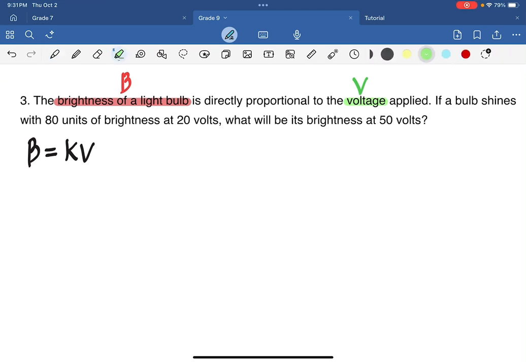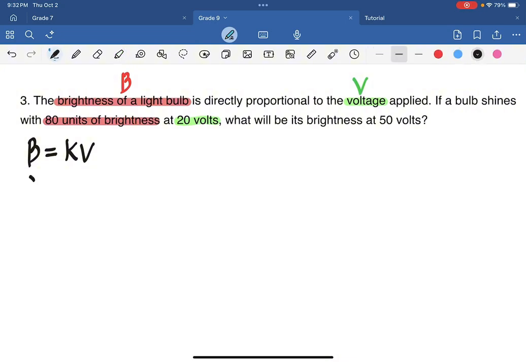So let us highlight this: 80 units of brightness at 20 volts. So these are the values of B and V. So we substitute the values.